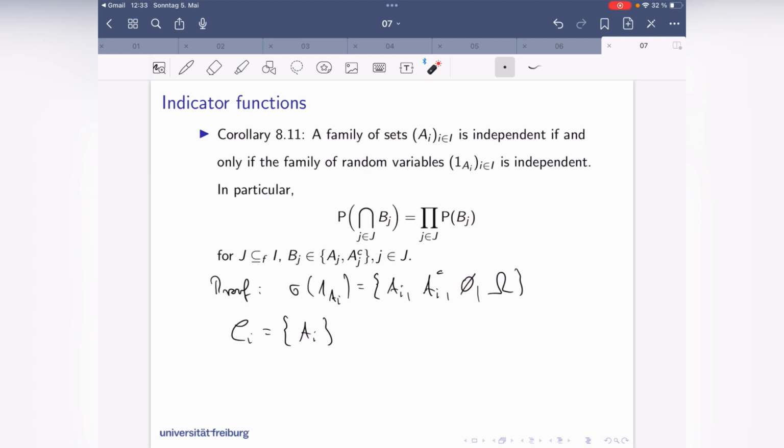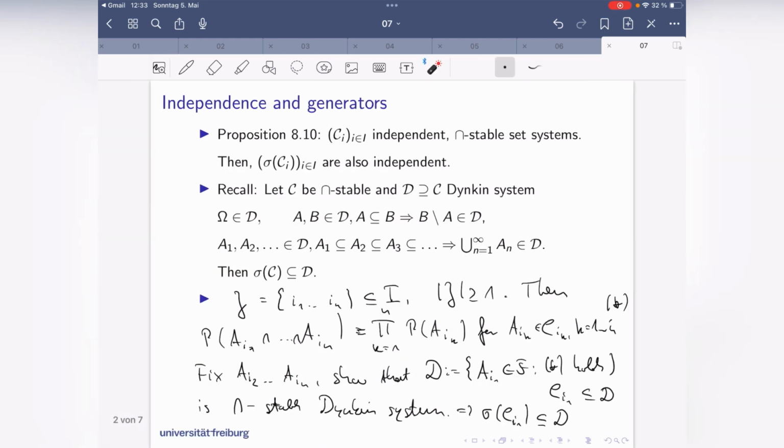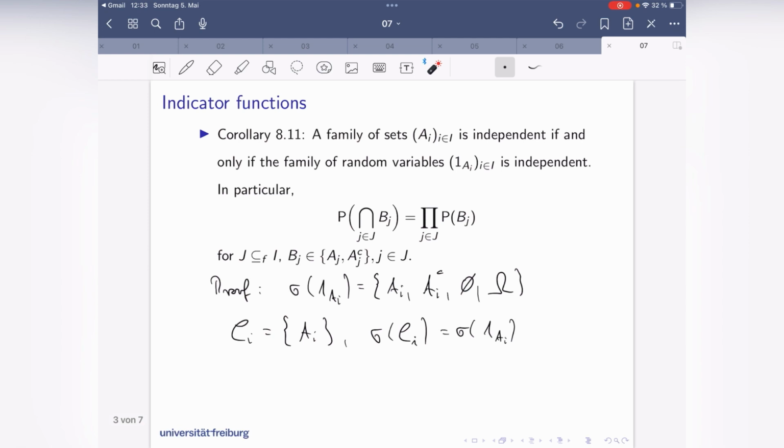It generates sigma of C_i equals sigma of A_i. And now we have it because that theorem here told us we have independent intersection stable set systems. Then the sigma of C_i's are also independent, and they're the same as what is claimed here. Okay, that was easy.